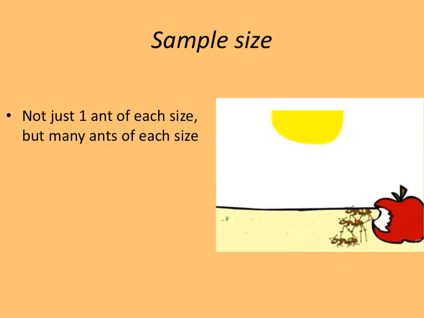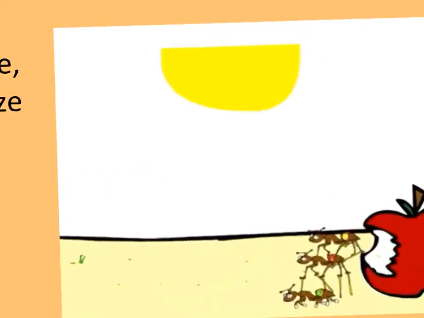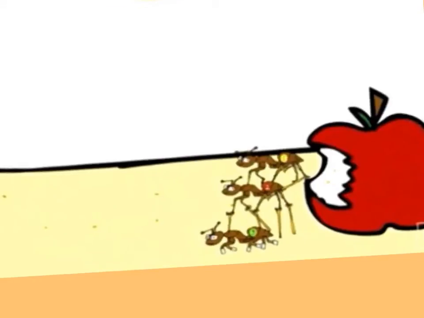What happens is the bigger the sample, the stronger the power to actually detect a difference, let's say. So when we actually run an experiment, remember with the ants, all they showed was individual ants. Here we go.